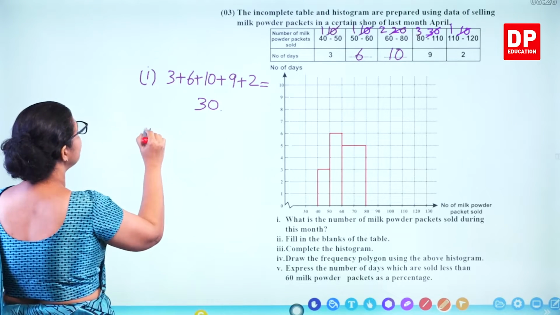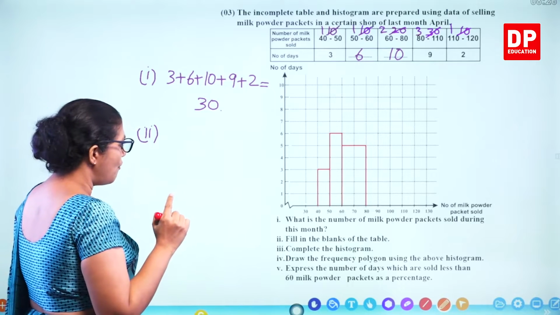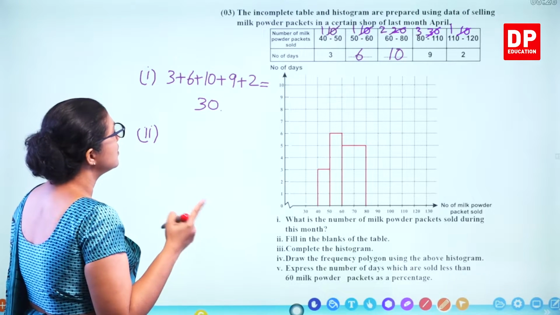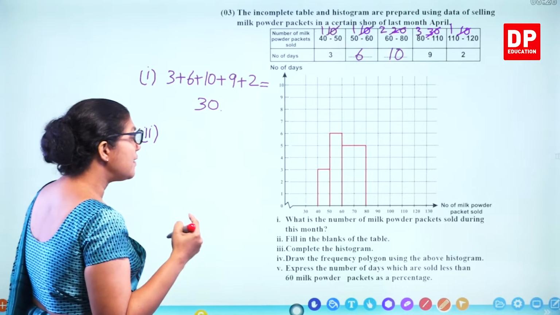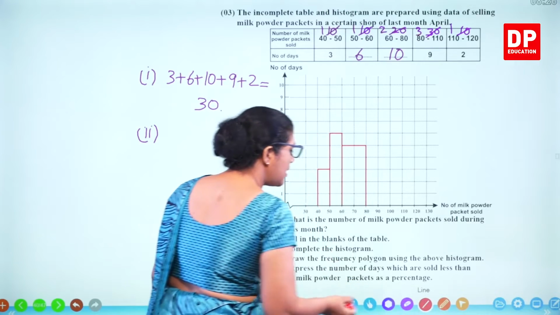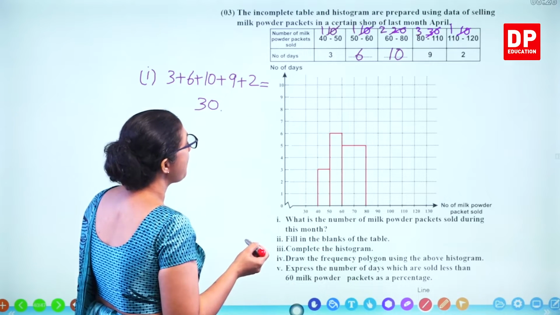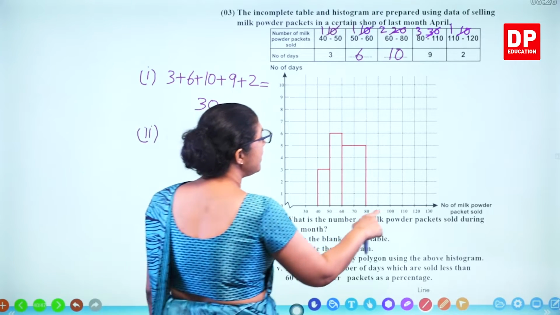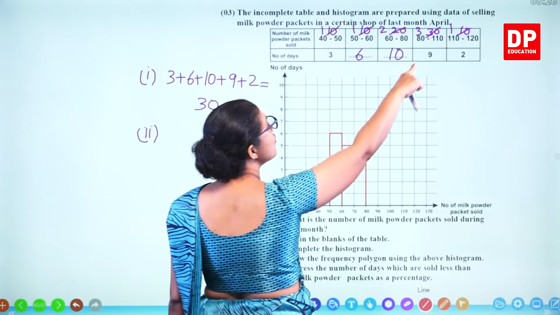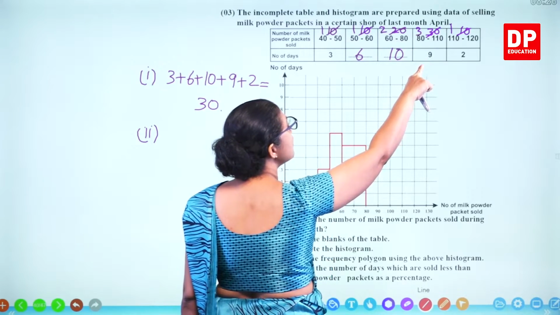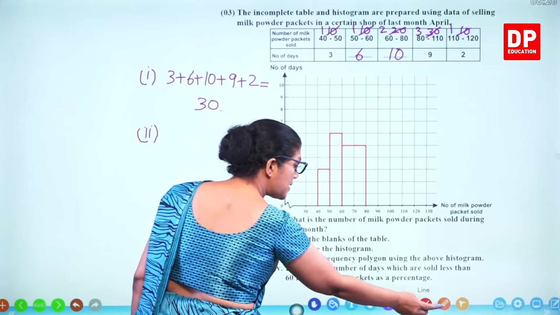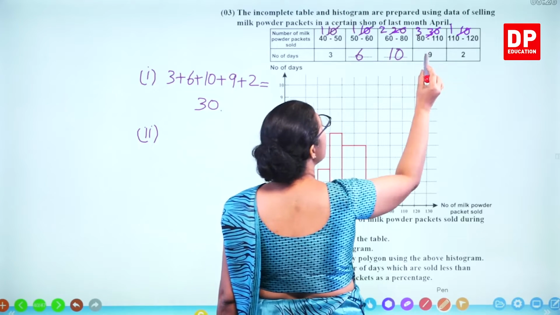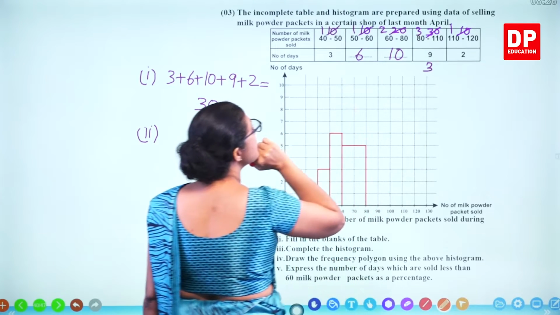Part 2. Fill in the blanks of the table. So we have already done the table. Now we can complete the histogram. 80 to 110, that's 9. So 9 means 3. So divide by 3, what's the new frequency? 9 divided by 3, new frequency is 3.